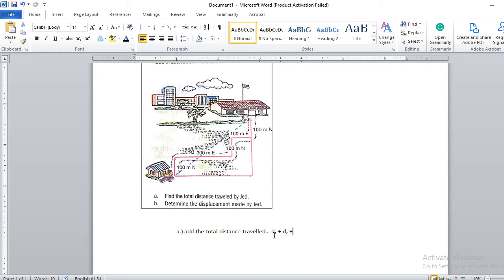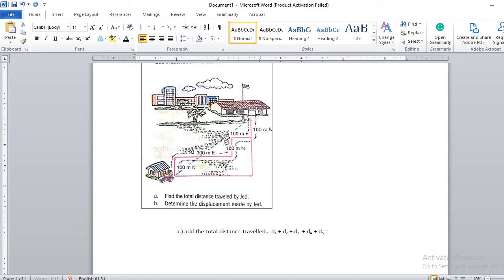Another distance traveled. And then he traveled again 100 meters east. So that is another distance. And then he traveled another distance, that is the last one, 100 meters north.